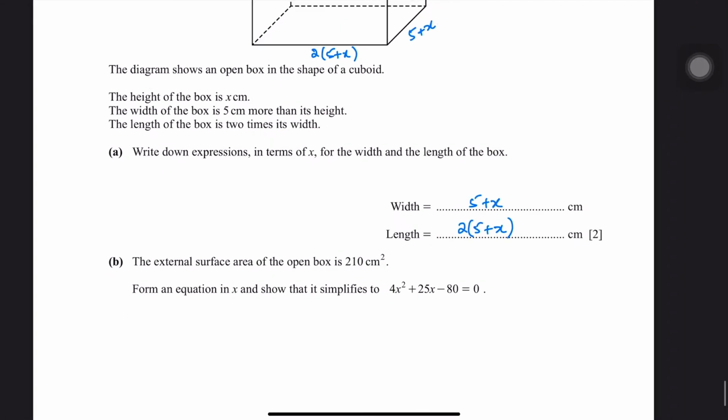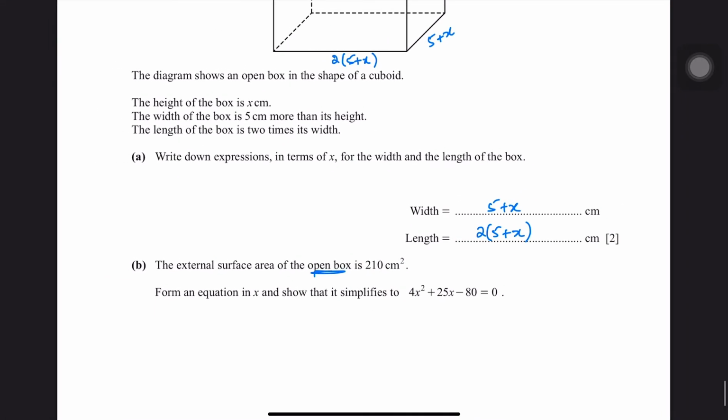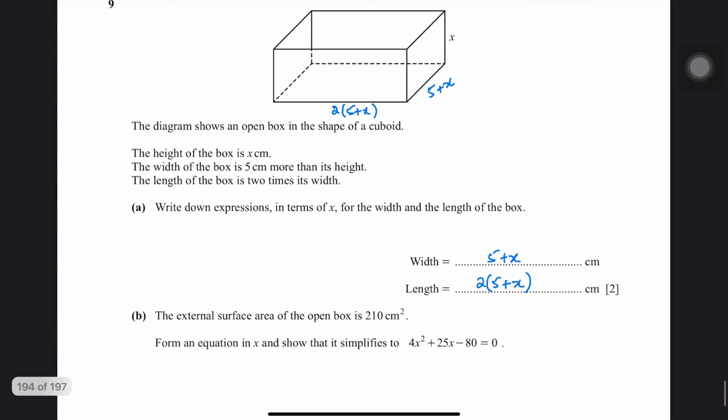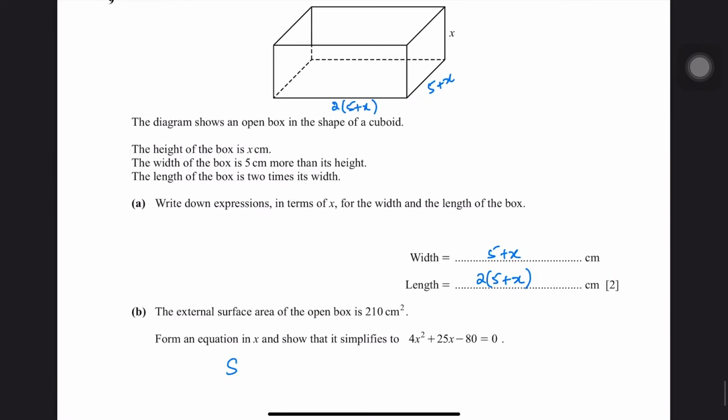The external surface area of the open box is 210. Form an equation in x and show that it simplifies to this. So the surface area is typically 2LW, 2LH, and 2WH. But in this case, I need to subtract 1LW because this is an open box.